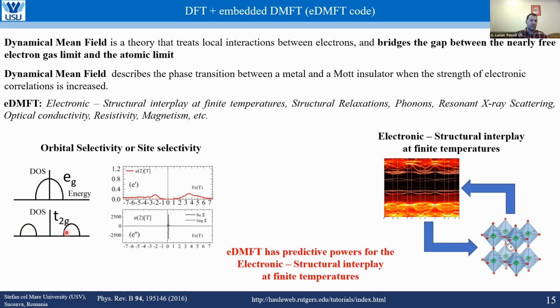The signature of a Mott gap in this language is that when I look at the density of states, if I have a pole in the self-energy within the gap, then this gap is opened by correlations. If there is no pole, then it's a band gap, which happens due to hybridization or covalent interactions. I can talk more about the method if somebody's interested, but now I want to move on.